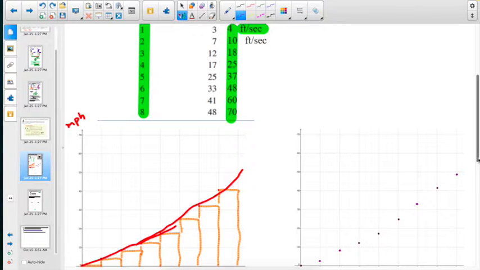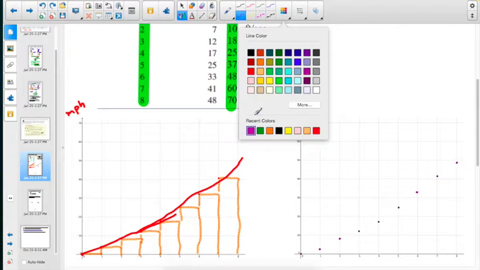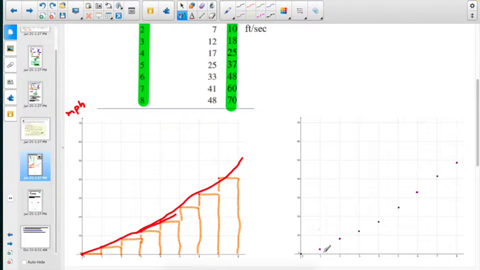Okay, so if we're doing a right RAM now, we notice that on our right RAM, the right side of the rectangle starts with this second value. So that's our initial rectangle.